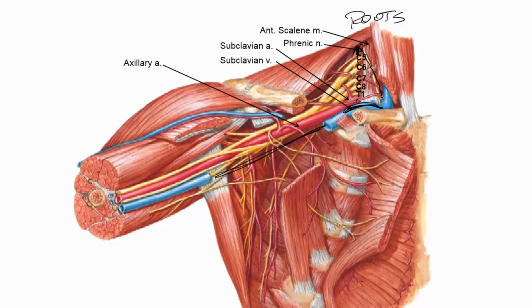There are a couple of arteries that cross anterior to the anterior scalene. The transverse cervical and the suprascapular arteries. Transverse cervical is going to supply the trapezius and the rhomboids with blood, and the suprascapular will supply the muscles of the scapula, rotator cuff muscles, supra and infraspinatus.